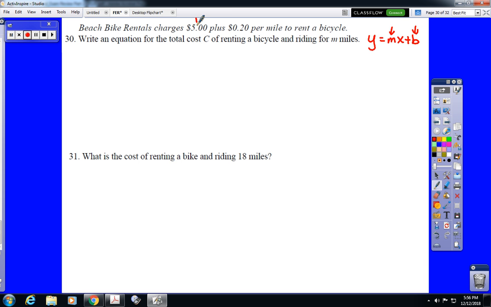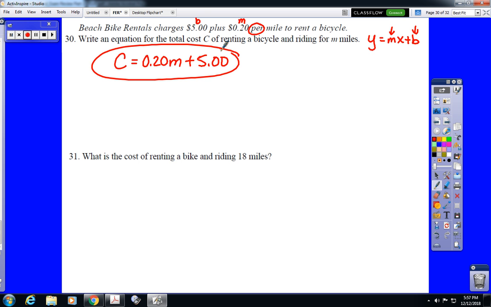The intercept would be the $5, which is the initial charge, and then 20 cents per mile marks that as being the slope. So our equation would be cost equals 20 cents times the number of miles plus $5. That's all we have to do for number 30.